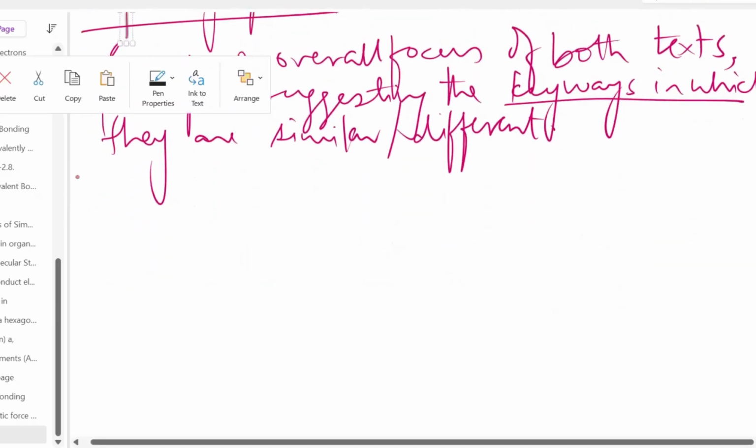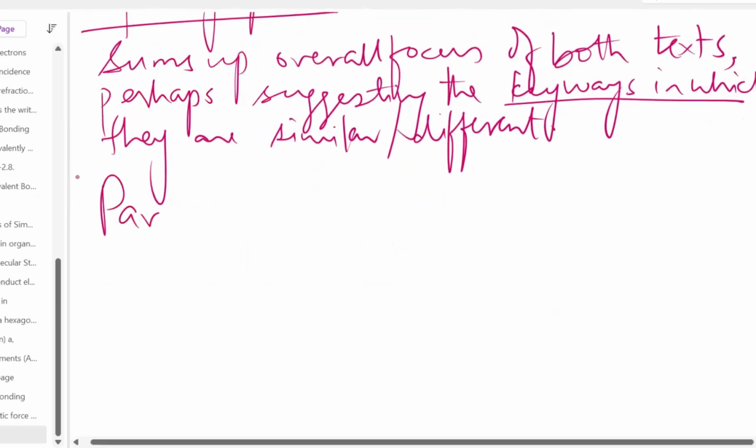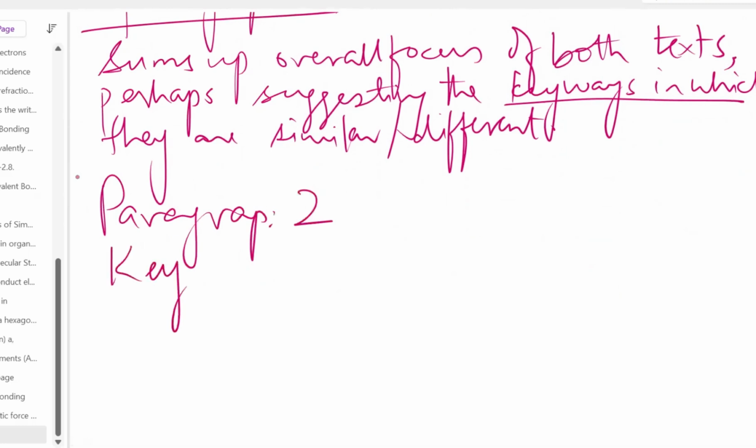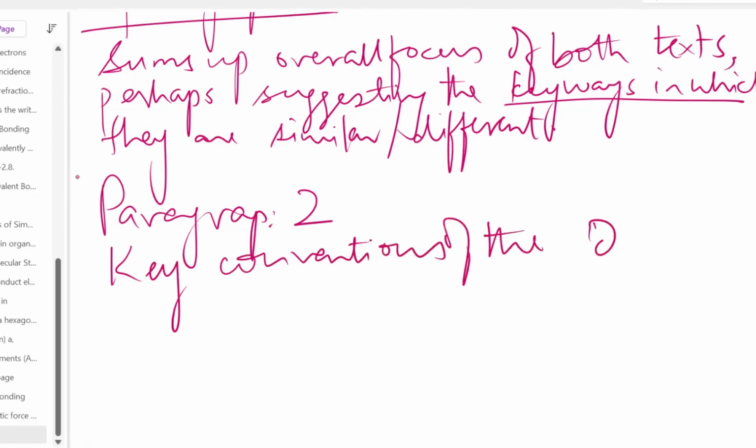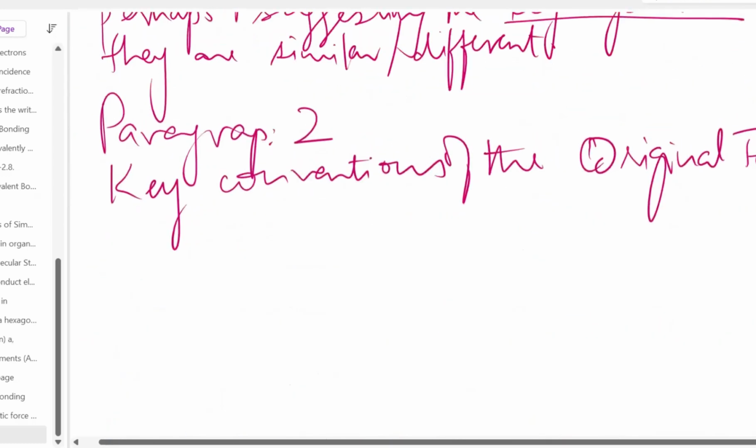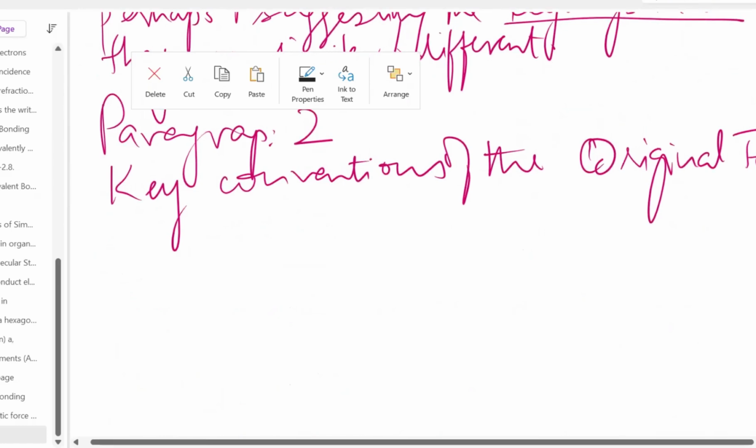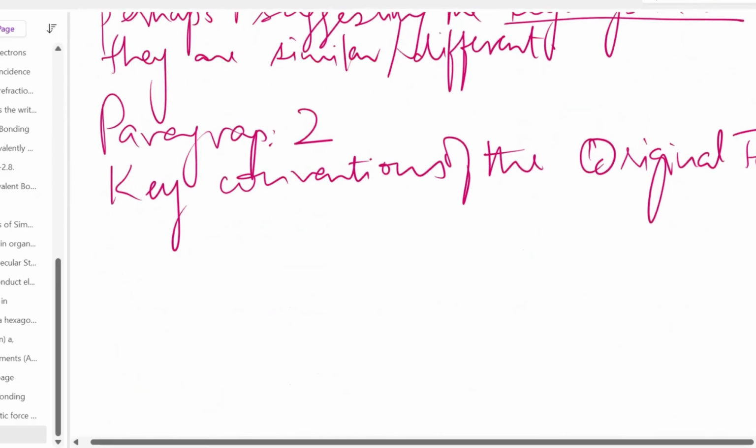Then moving on towards paragraph number 2. In that you are going to mention only the key conventions of the original text. And what is the original text? The text which is given to us by the writer. That is the original text.